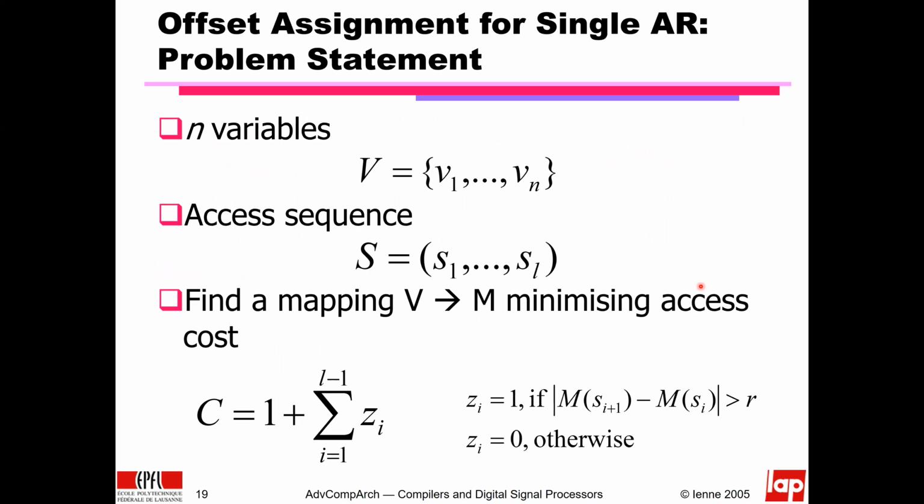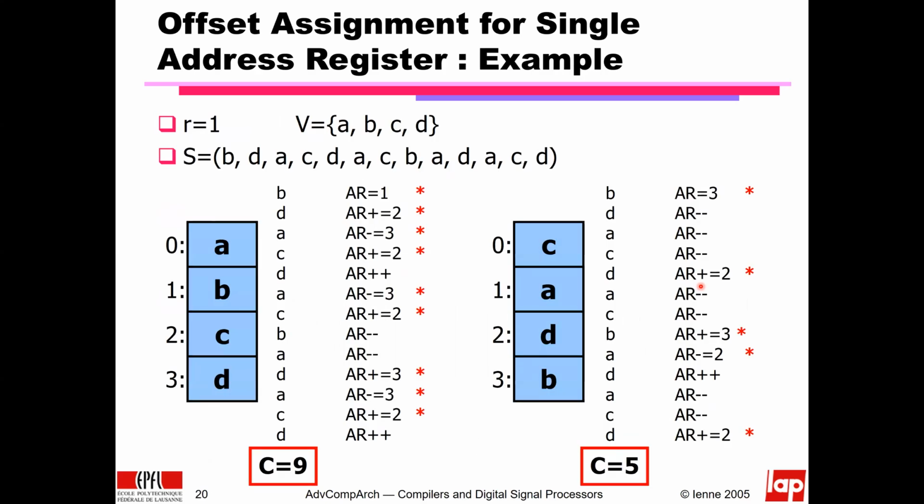And maybe let's forget for a second the formalization. I think it's much easier to look at a specific example. So suppose that you have an architecture where you can only increase and decrease an address register, and you have only one address register. I can easily auto-increment, auto-decrement.